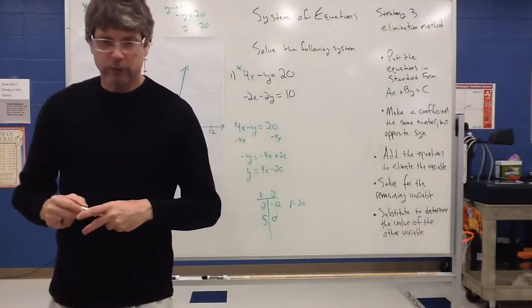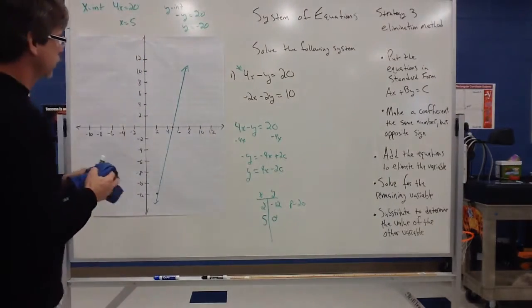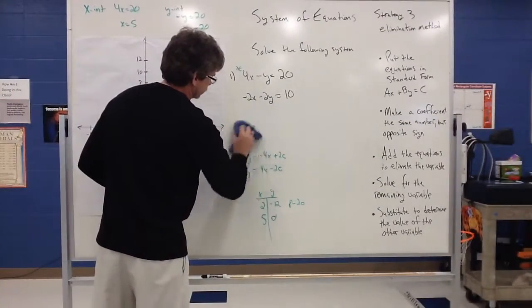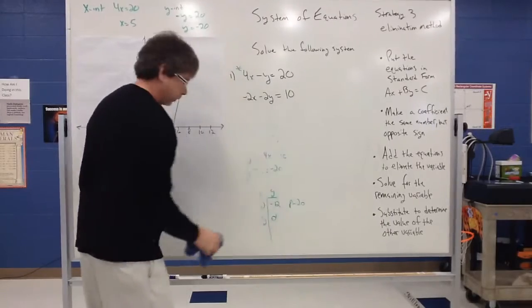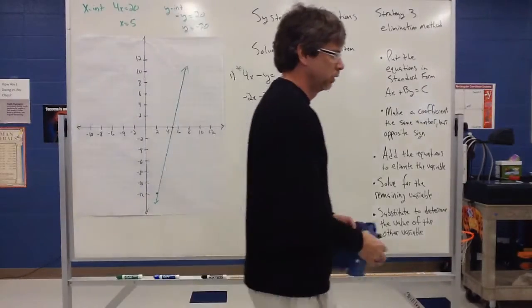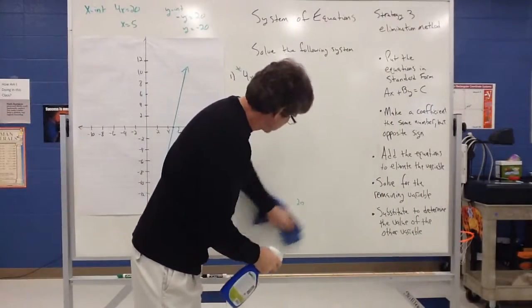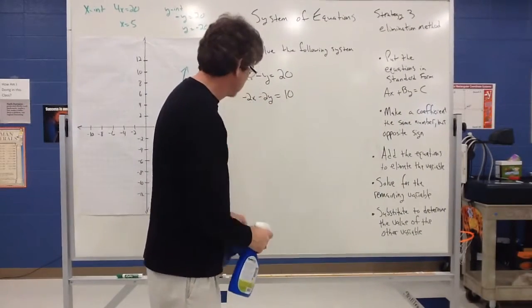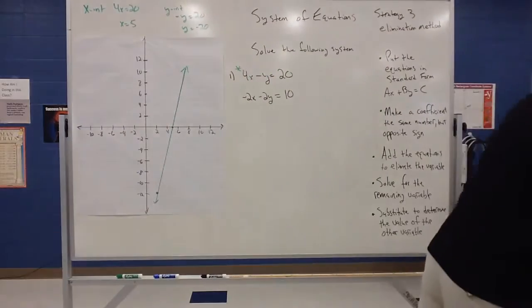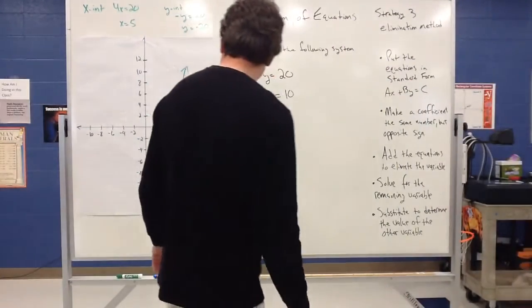So I'm going to go ahead and get rid of this math. Don't have enough room for all this. See if I can get that off there. Let's look at the second equation.